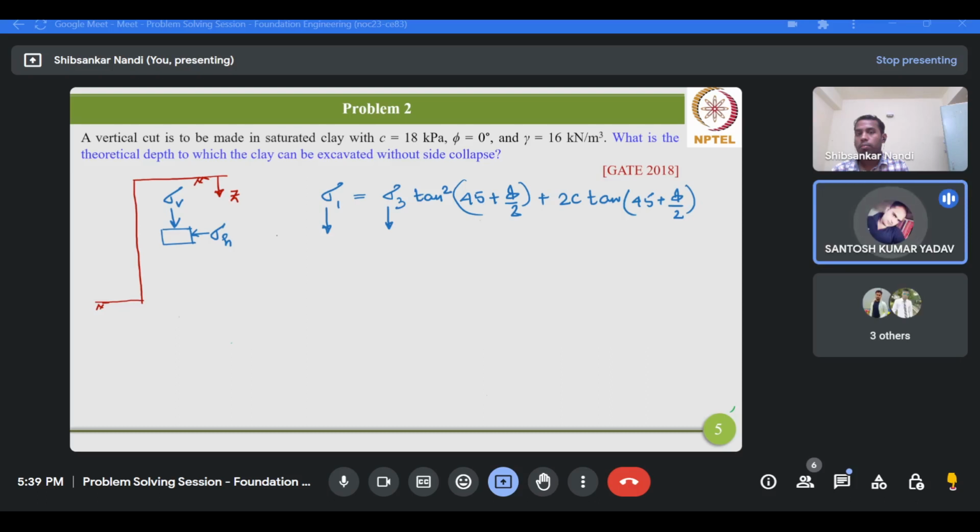Sigma v is minor or sigma h is major, sir? Okay, you are basically telling in terms of the value that sigma v will assume.